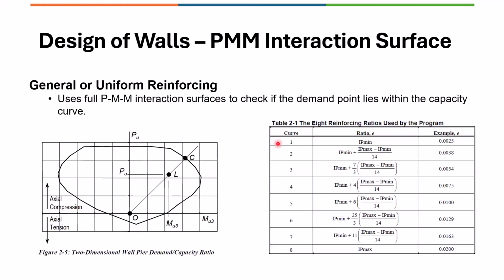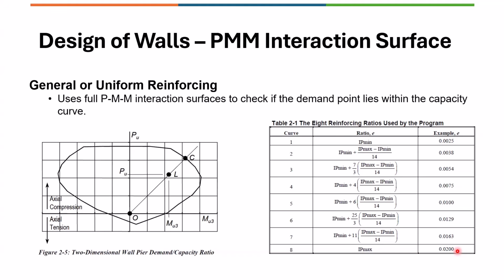Now, these interaction surfaces will be based on the 8 reinforcing ratios generated between the specified IP min and IP max. This is a table given in the program manual, and I'm reproducing it here for discussion. So 0.25% to 2%, right? By default design preferences, the ratio is 0.0025 or 0.25% to 4%.